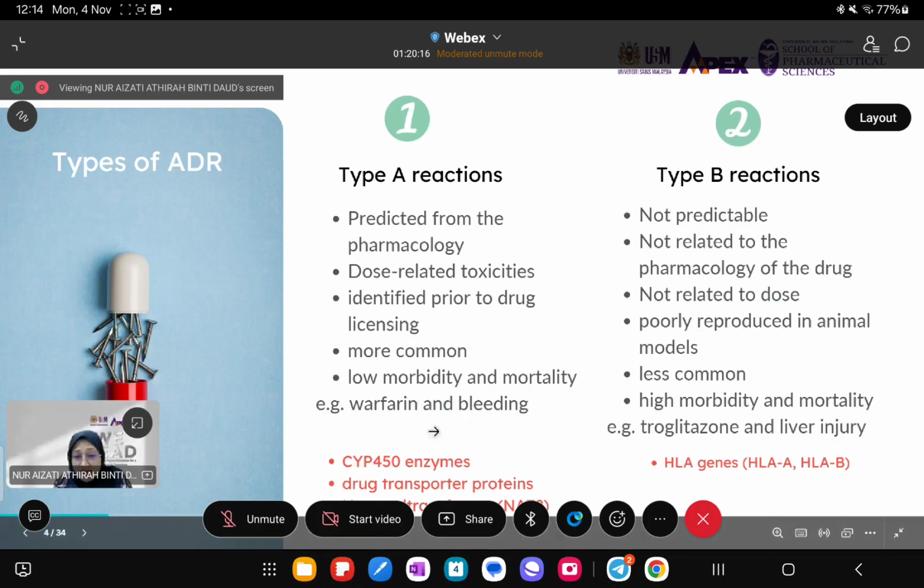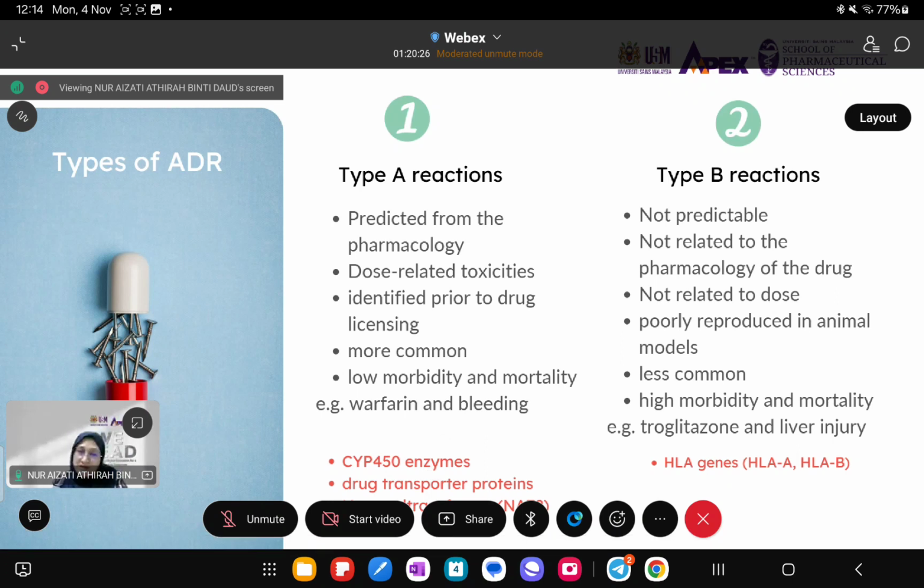So these are the enzymes and genes that are related. Type A is CYP enzymes because it relates to the dose tadi kan. So it relates to the serum level, concentration of the drug. Kalau patient tu poor metabolizer, ada accumulation and the serum level is increased, maksudnya dia punya side effect tu lebih pronounced.